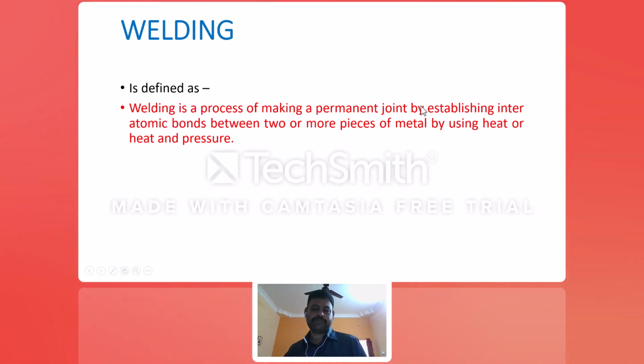Welding is a process of making a permanent joint, establishing an atomic bond between two or more pieces by using heat or heat and pressure. Sometimes, as in arc welding, we simply use heat. Sometimes, as in spot welding or other processes, we apply heat and pressure.